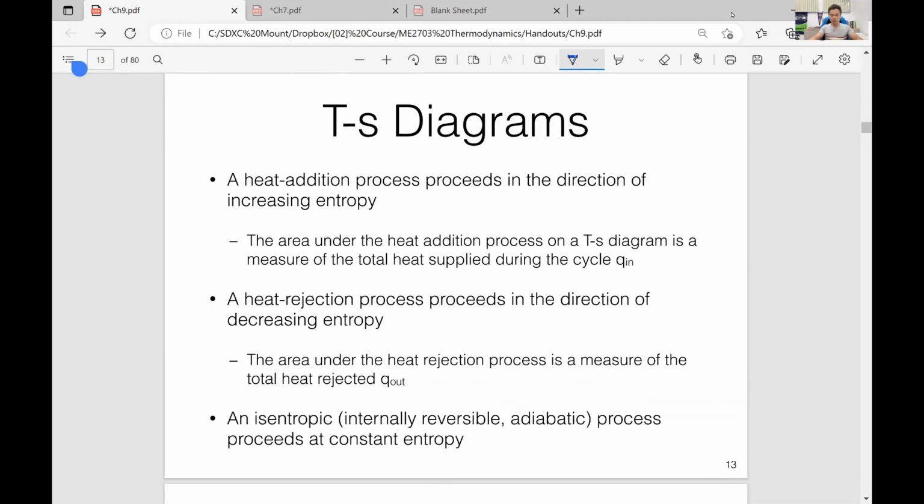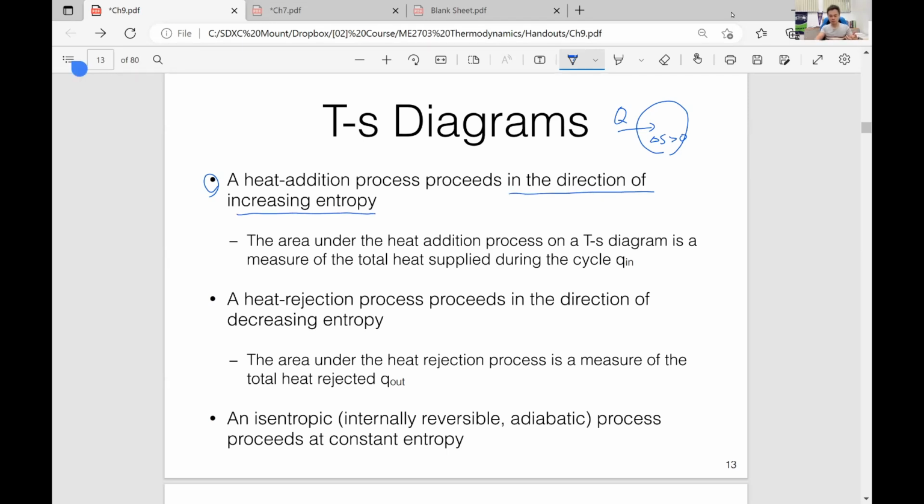On a TS diagram, from chapter 7, we know that if you add some heat to a system, then delta S is larger than 0, right? This system receives some heat, so the entropy of this system increases. So the heat addition process proceeds in the direction of increasing entropy.